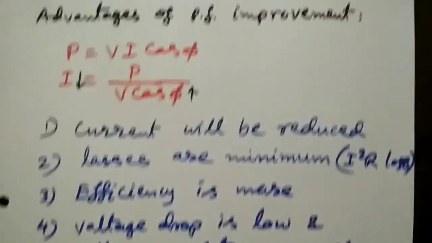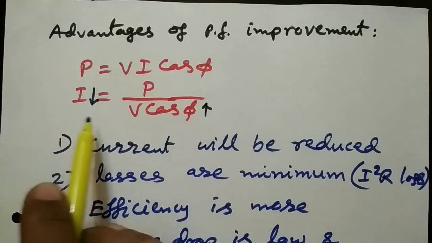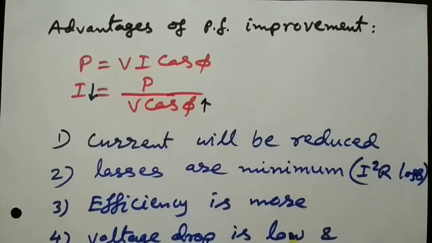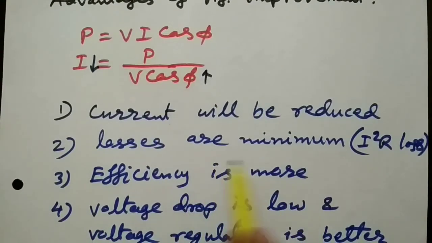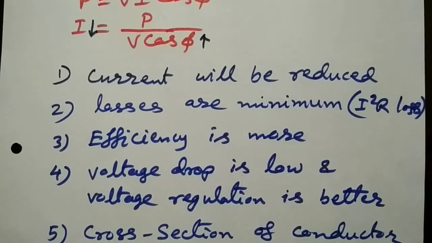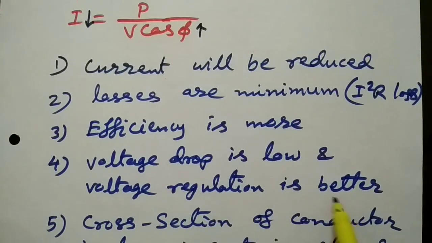So if we improve the power factor so that it reaches near 1, then from this relation we can see that the current will be reduced. As a result, the losses will be minimum, so the efficiency will be more. If the current is reduced, then the voltage drop will also be low, and the voltage regulation will be much better.